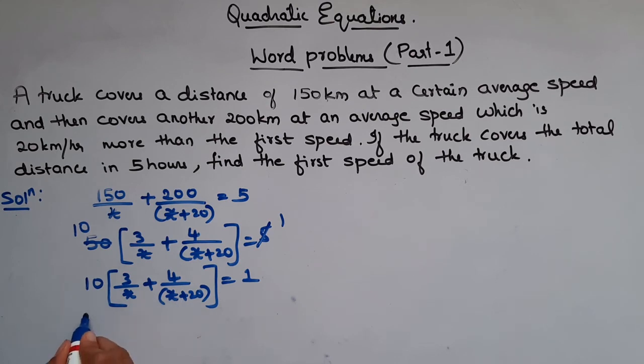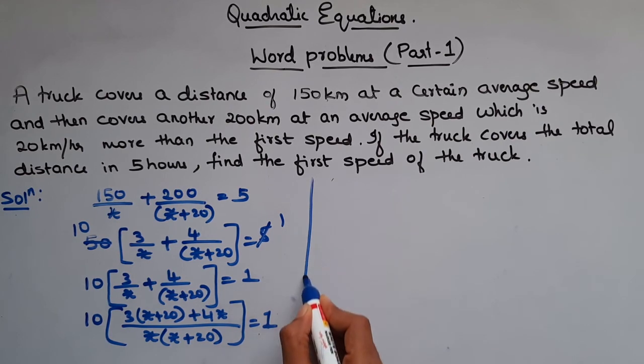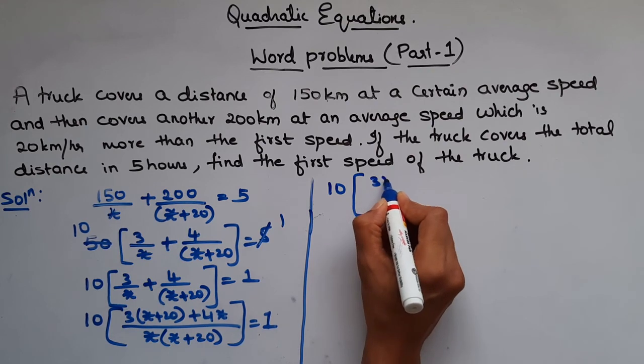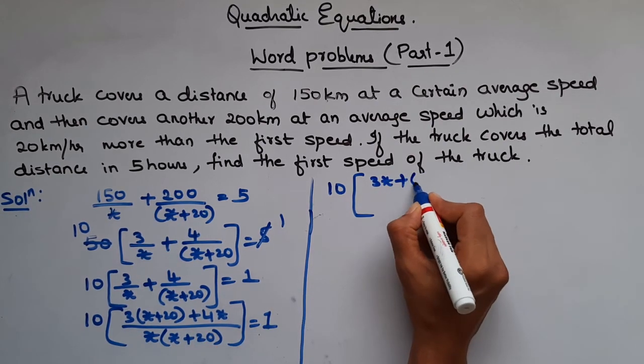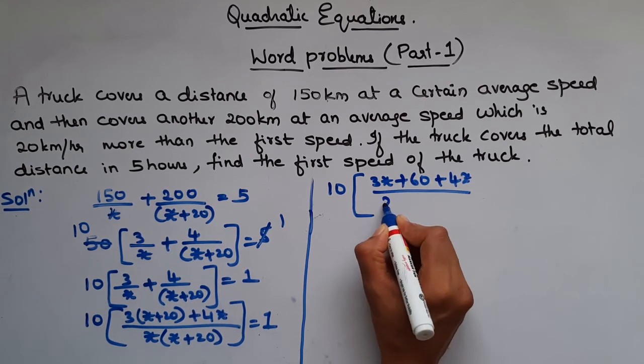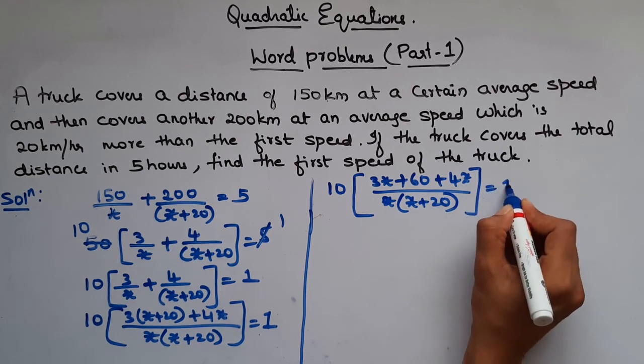So now let's take LCM here. We have 10 into 3 into x plus 20 plus 4 into x by x into x plus 20, right, which is equal to 1. So let me continue here. We have 10 into 3 into x is 3x plus 3 into 20 is 60 plus 4x by x into x plus 20, right, which is equal to 1.